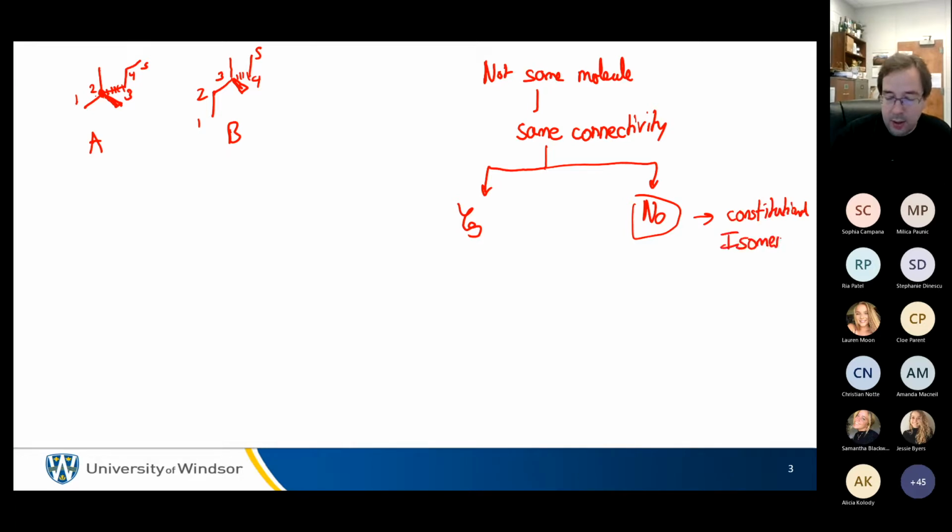I think isomers is one of those terms you come across in high school organic chemistry. Molecules are isomers of each other if they have the same molecular formula. So I guess the first question is, do they have the same molecular formula?